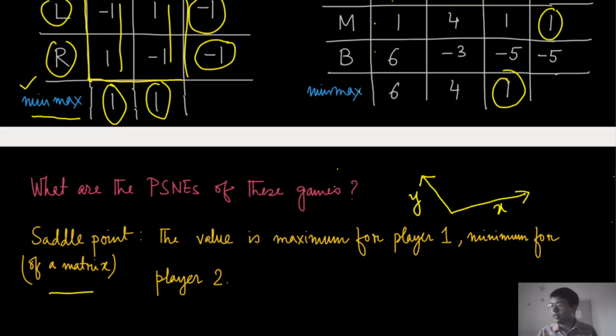Then a saddle point means that you are going to find a maximum over the y-axis, and also the minimum over the x-axis. So imagine this is a 3-dimensional plot, and you can think of curves which have a maximum point in one axis and the minima in the other axis. Those kinds of points are called saddle points. And exactly the same thing we are going to ask in the context of matrix games.